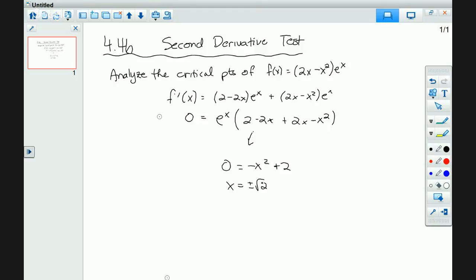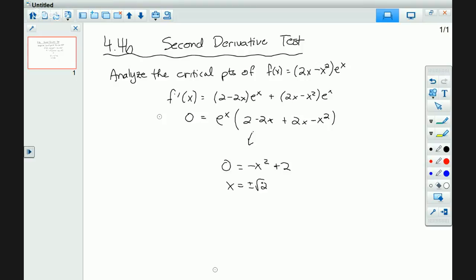Or you could do x squared minus 2, and it's x minus root 2, x plus root 2. Addition is commutative, by the way. Okay, so these are our critical points, right?